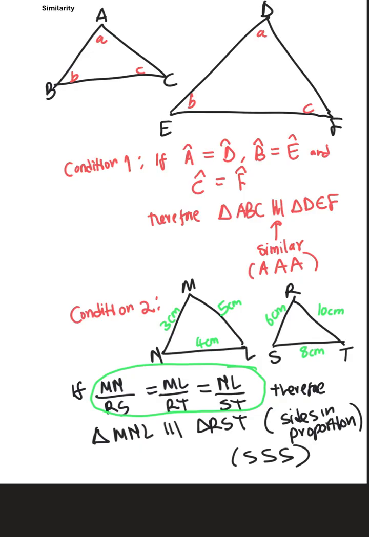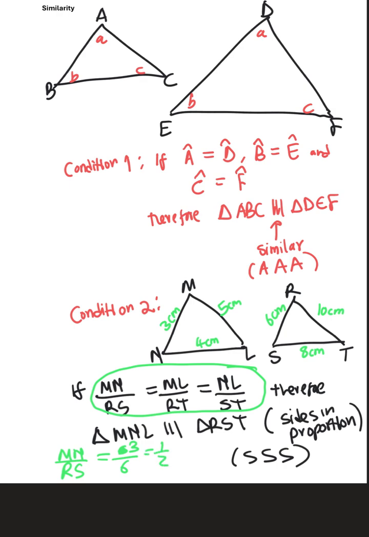If you divide those, if you say MN over RS, you're gonna get what? MN is how much? Is 5, right? 5 over RS. No, MN is 3, sorry. MN is 3 and RS is 6. 3 over 6 is 1 over 2.